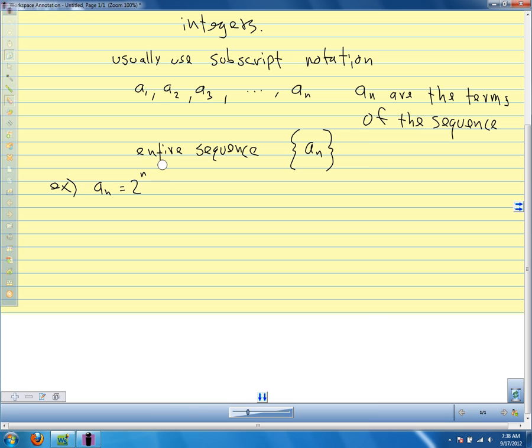We can also define our sequences recursively. So if we want a recursive sequence, we usually need one or more of the first few terms, and then later terms are defined in terms of their earlier terms.